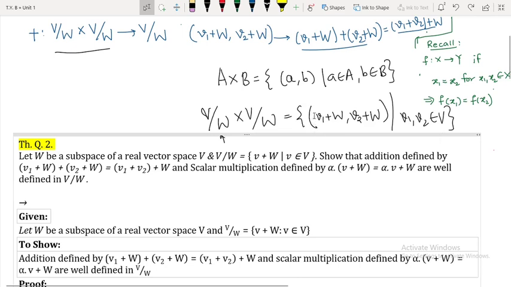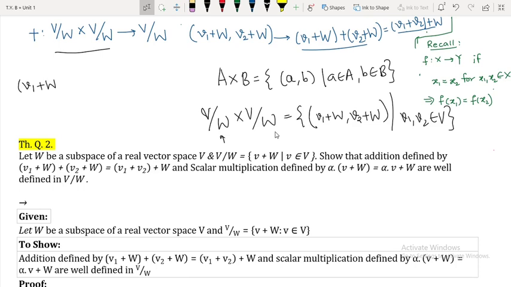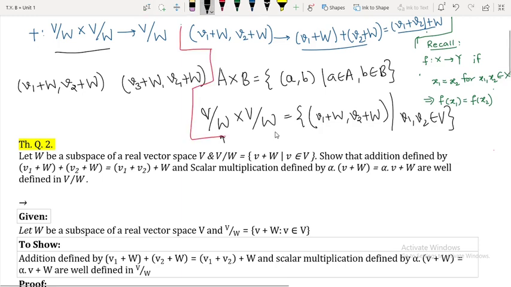So one element I will take like this only, same notation, and the other element I will take to be v3 plus W, v4 plus W, okay, and I will say that they are equal.